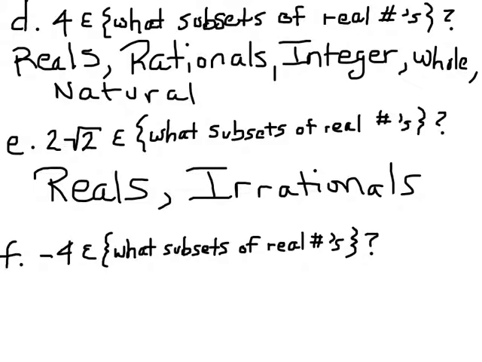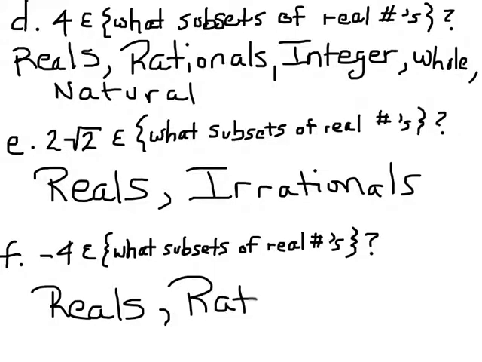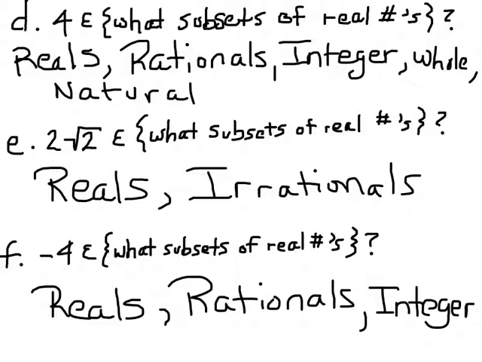Well, -4 would fall under reals. It would fall under the subset of rationals because it is actually an integer, and integers are part of the set of reals and rationals. So there you go.